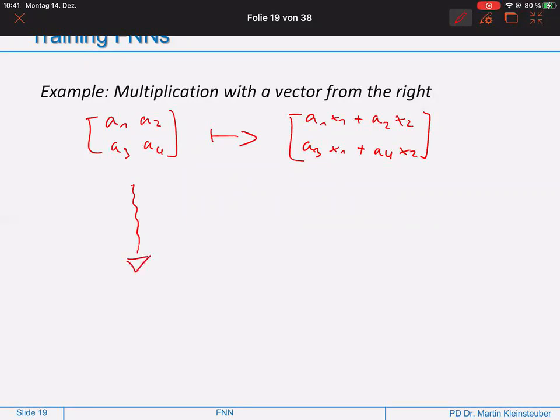I have called it pi in the lecture notes. It orders this vector from the left to the right, the way that we read in Germany: A1, A2, A3, A4.